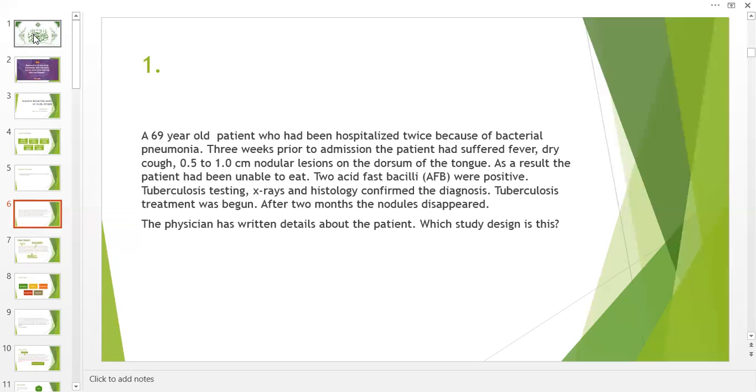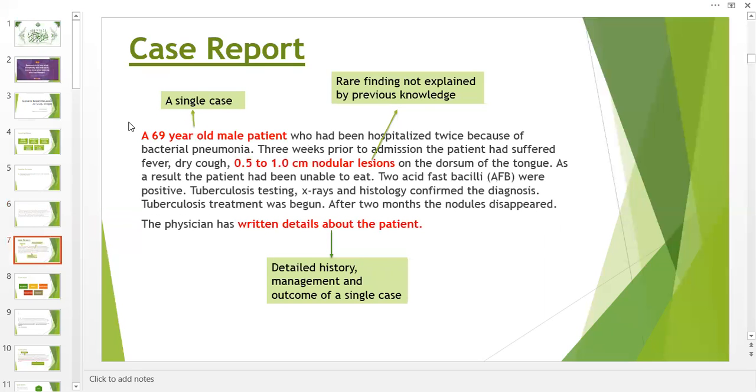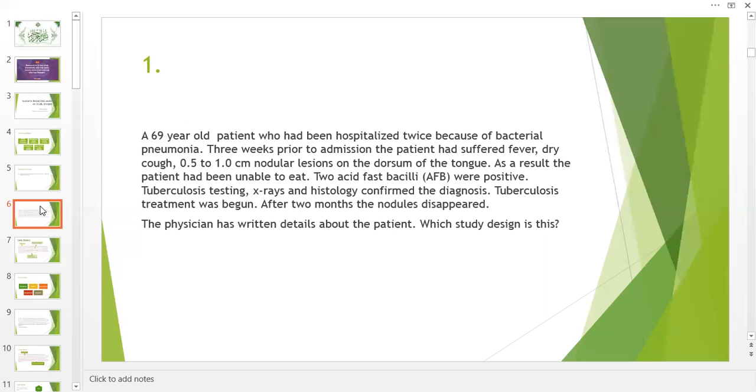Anyone from the class? Please answer. Please go back to your previous slide, Behri. Okay, ma'am. Right. Please answer it. Dr. Isma, please unmute yourself and answer it.